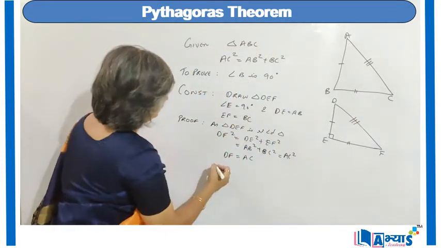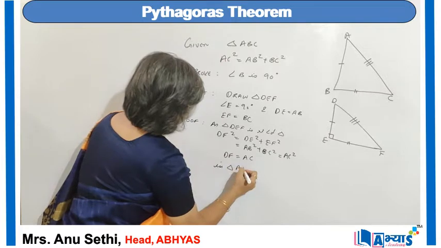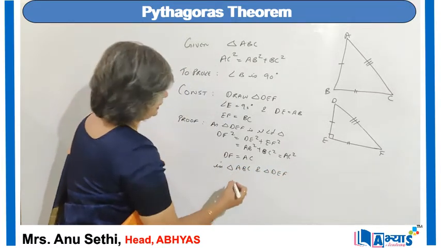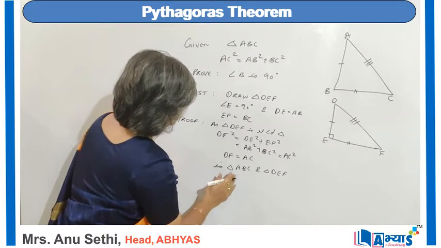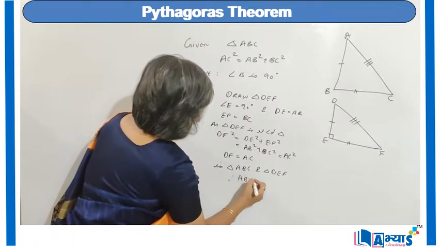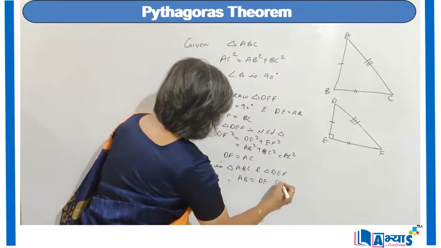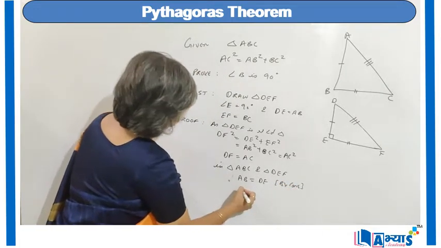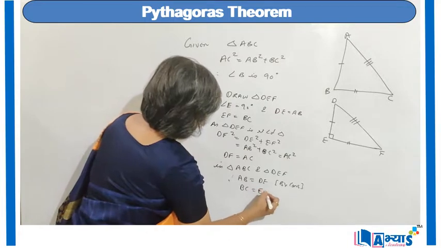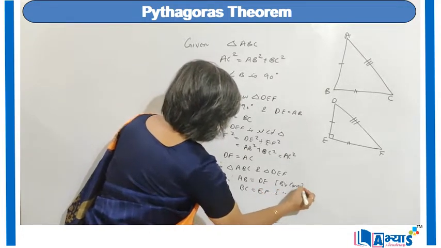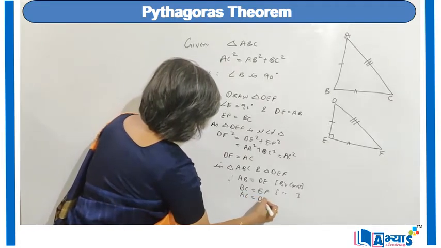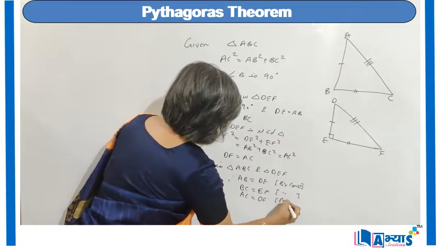Now in triangle ABC and triangle DEF, we know that AB is equal to DE by construction, and further BC is equal to EF also by construction, and we have proved that AC is equal to DF, proved above.